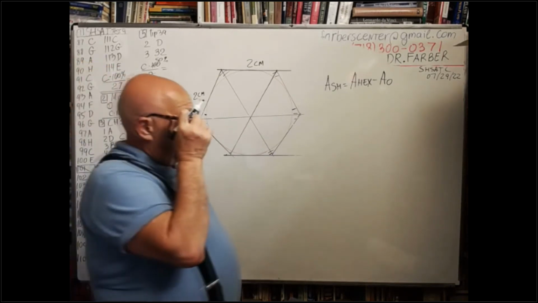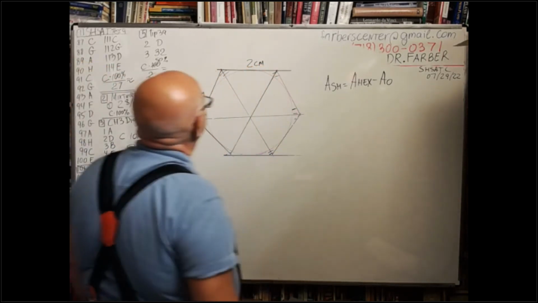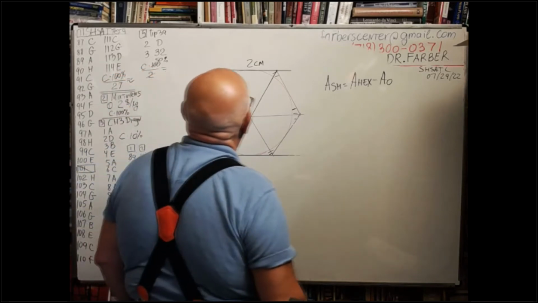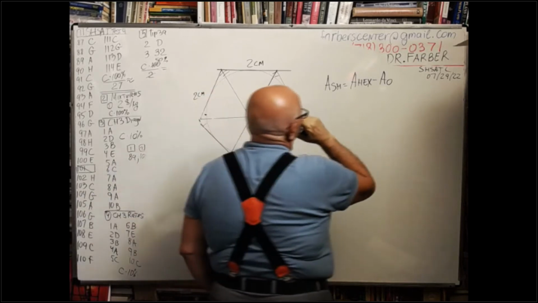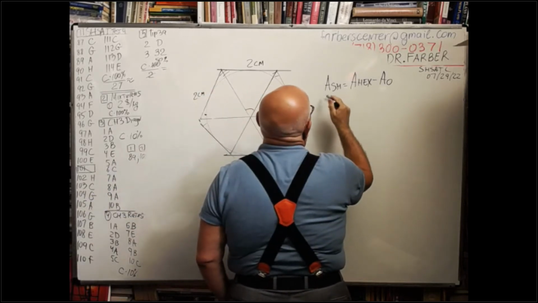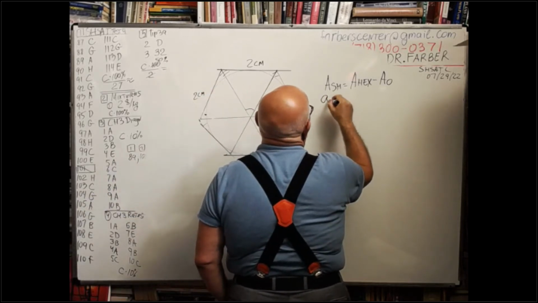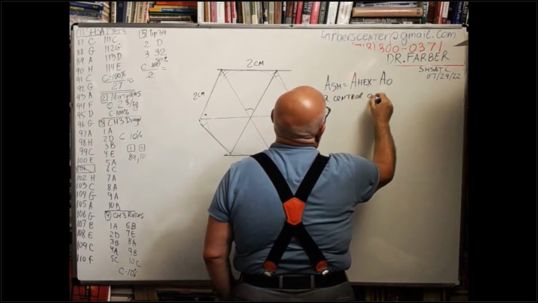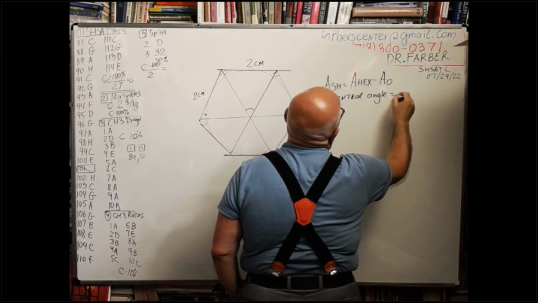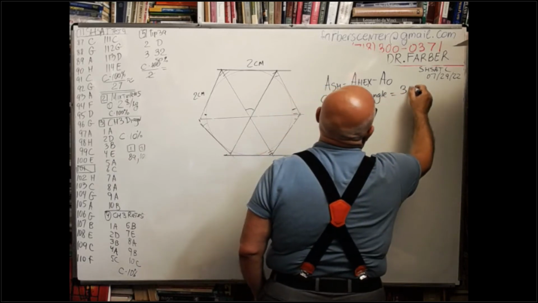I just remind you, since a hexagon has 6 sides, every central angle equals 360. Why?